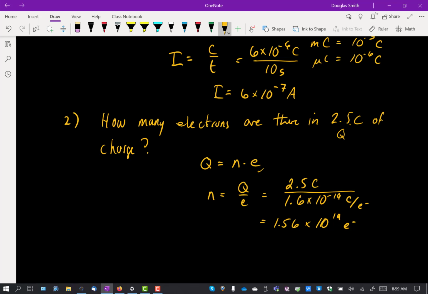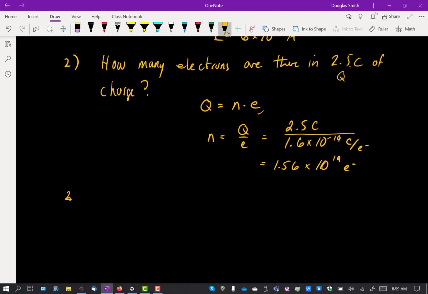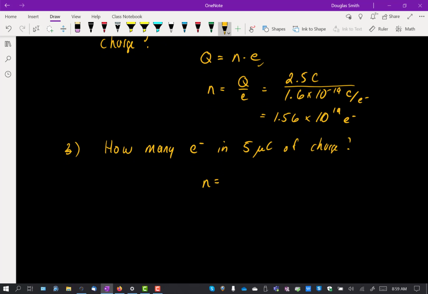How many electrons are in 5 microcoulombs of charge? Let's try that. Similar question, N equals Q over E. Micro is 10 to the negative 6, so 5 times 10 to the negative 6 coulombs, divided by 1.6 times 10 to the negative 19 coulombs per electron.